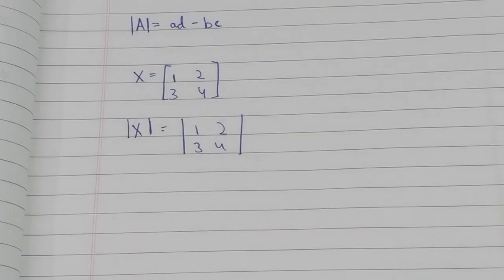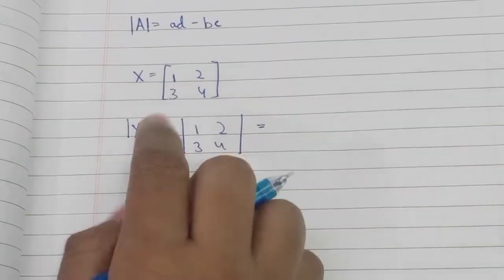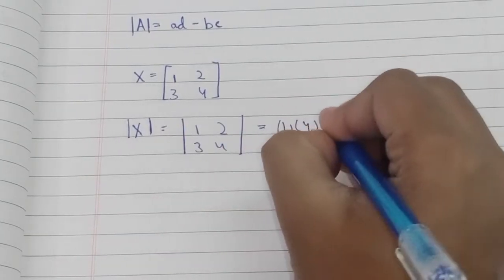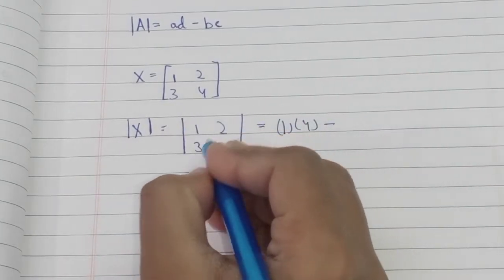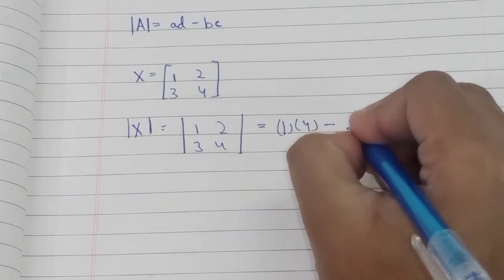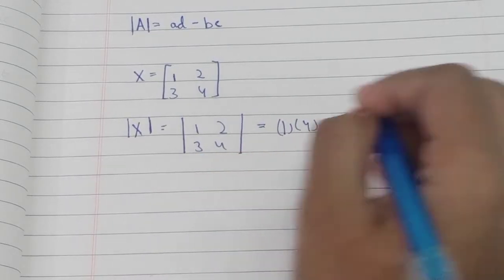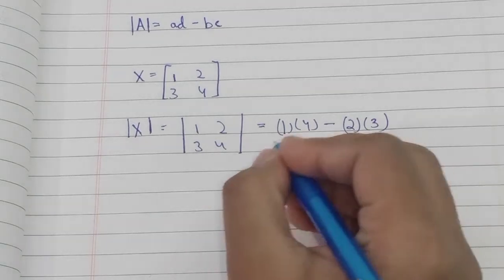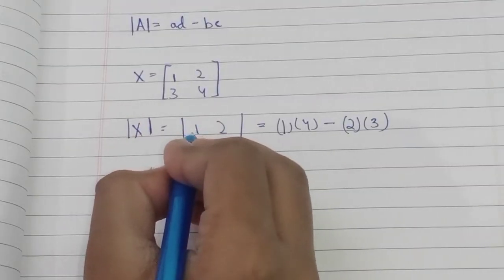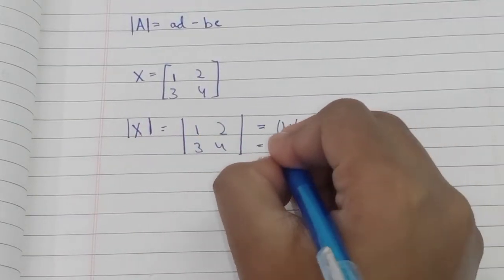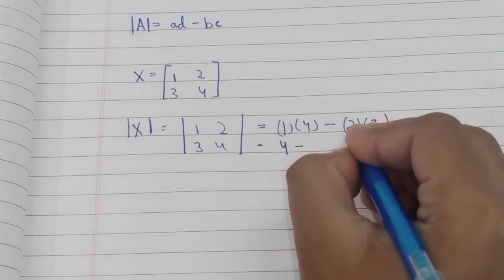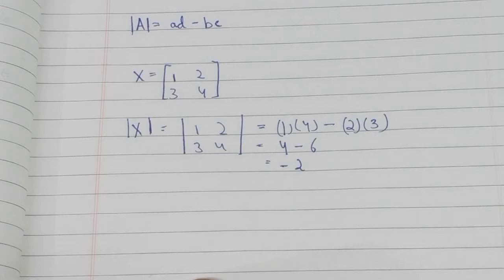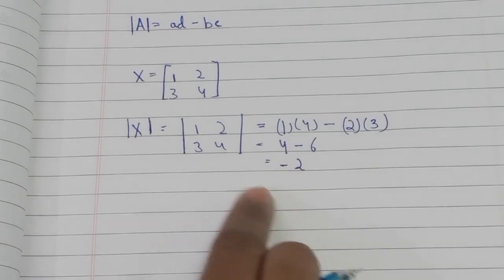This equals, first we multiply the diagonals, 1 into 4, minus the other diagonal, 2 into 3. Always multiply the leftmost diagonal first, starting from the leftmost digit. So this will be 4 minus 2 times 3, that's 6. 4 minus 6 is negative 2. So this is the determinant of this matrix.